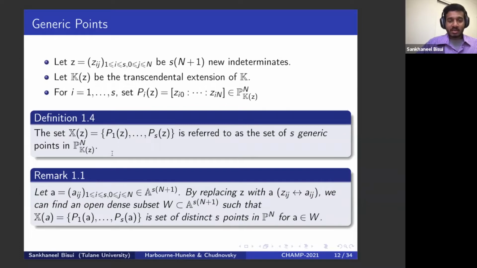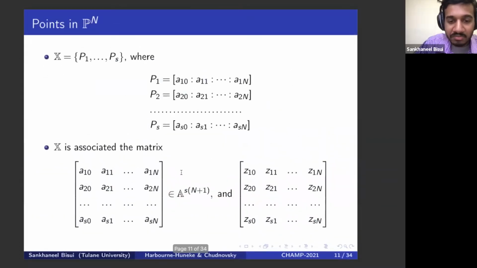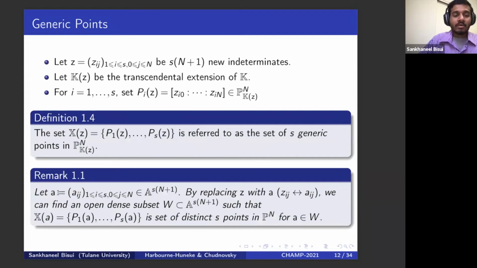Now, when we have this generic point, if I go back to the previous slide, these Zij can be replaced with the values aij, and we get back points inside our projective space. So that's the idea. We consider an element inside the affine space. By replacing Z with a, we can find an open set such that for every a inside that open set, we get a set of distinct points in P^n.